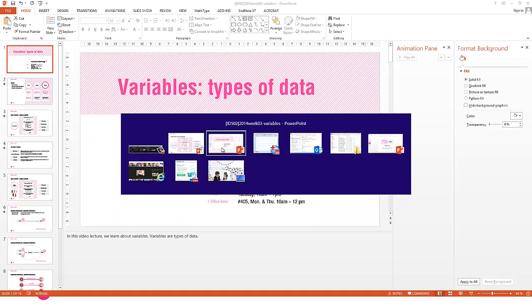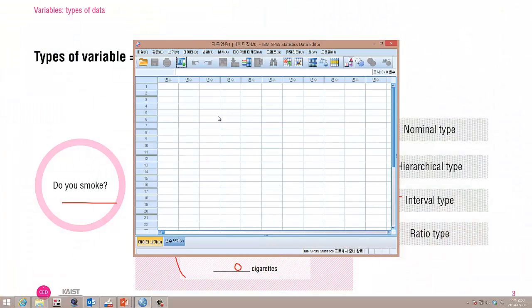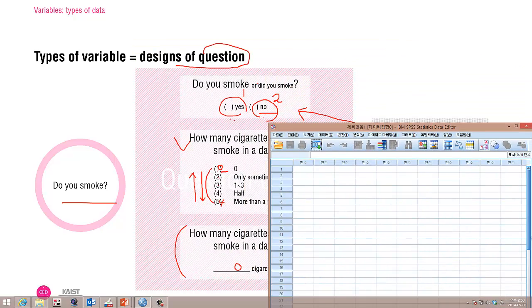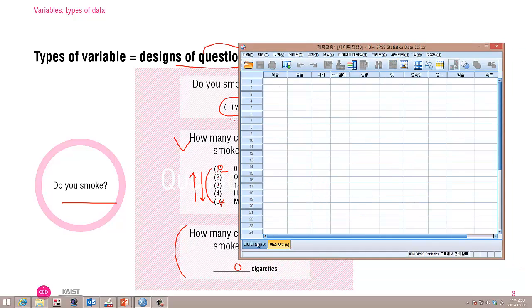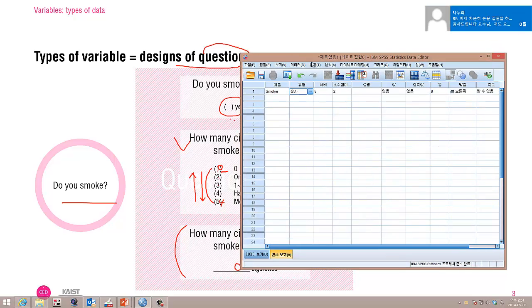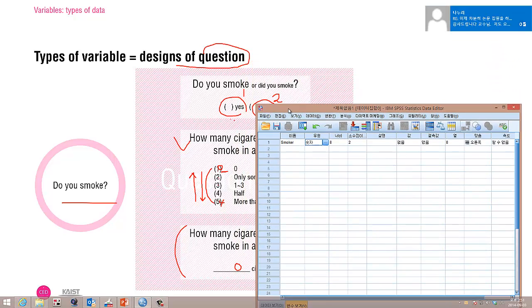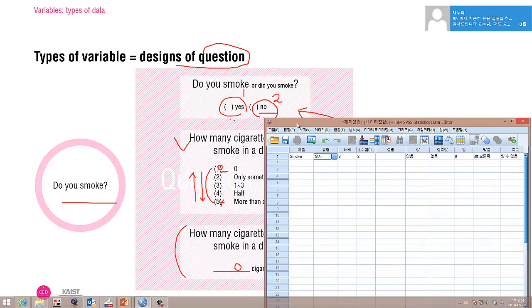And if you use SPSS, and if you have designed your question in such a way, then you give input like this. So first you create, this is the data sheet and this is the variable sheet. Name of variable: smoker. And I would convert yes answer to 1 and no answer to 2.